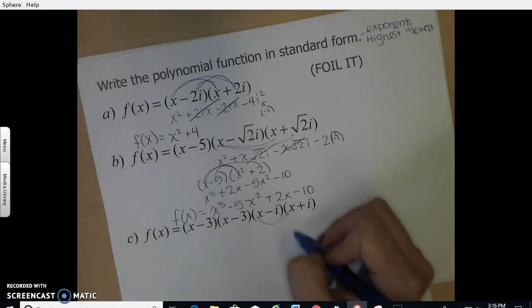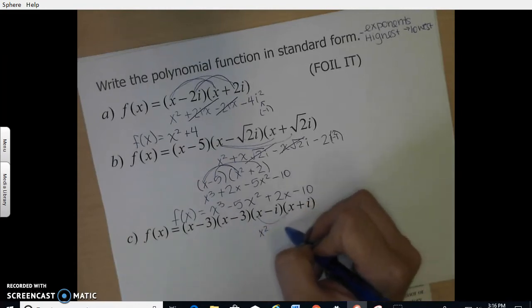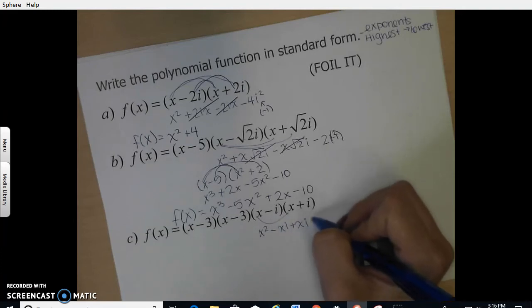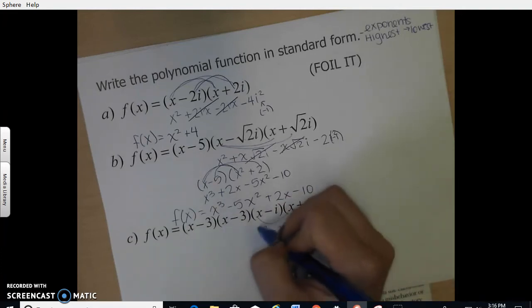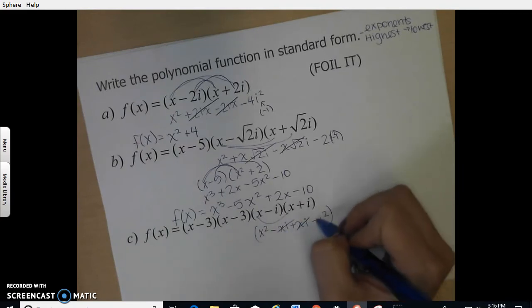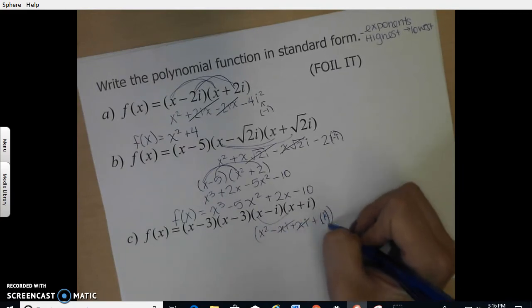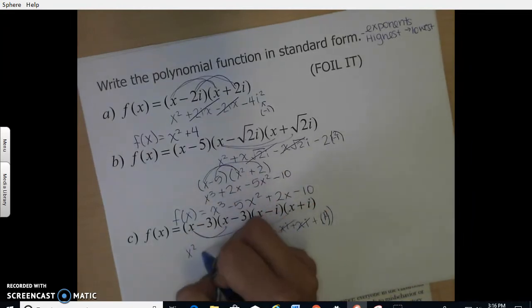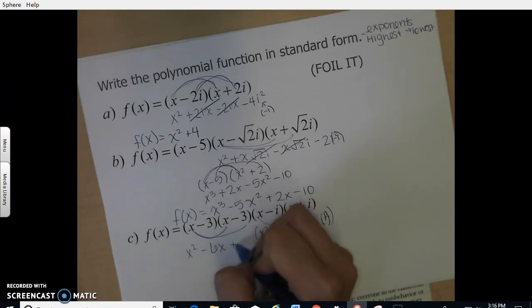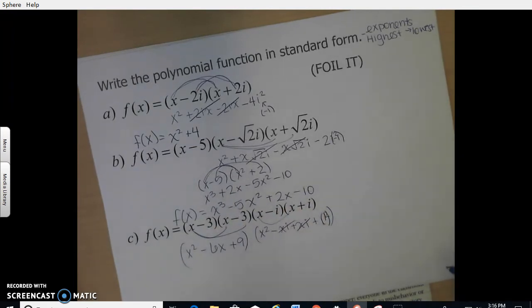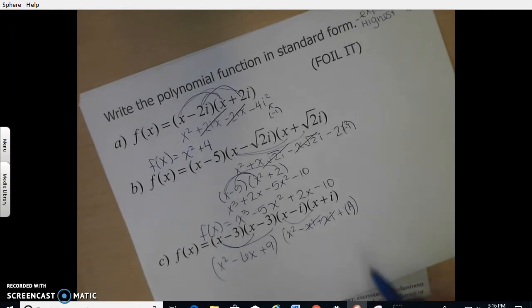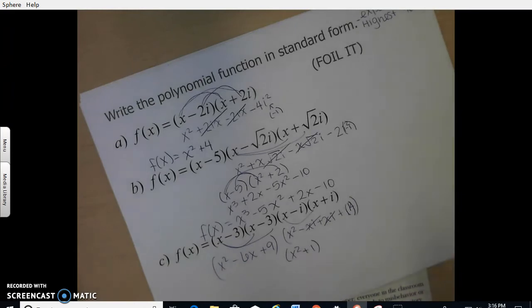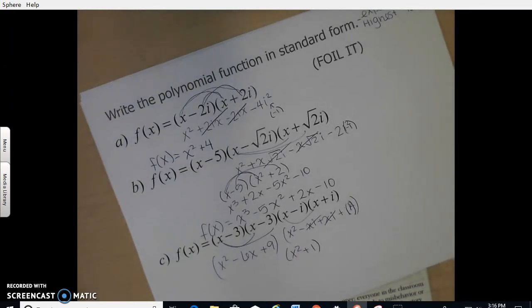Once again, conjugates, x squared minus xi plus xi minus i squared, which gives x squared plus 1. The other factor is x squared minus 6x plus 9. And now I multiply x squared plus 1 times x squared minus 6x plus 9.